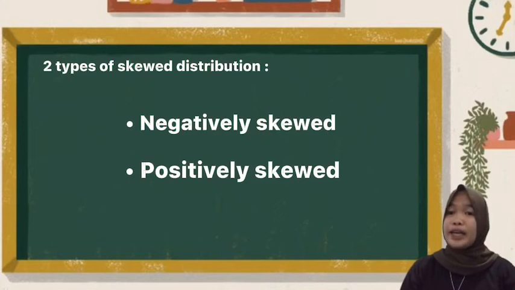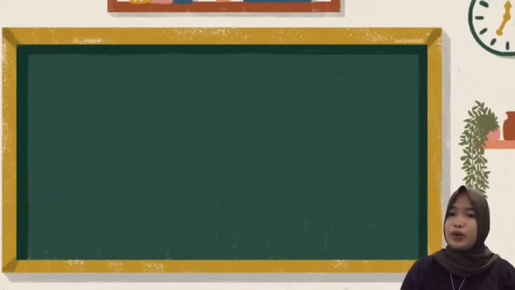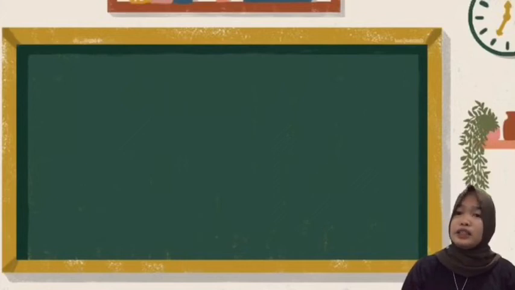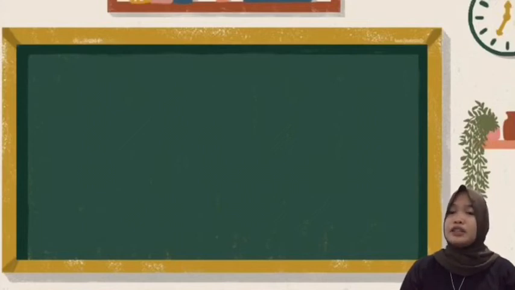Now, how can we determine if the curve is negatively skewed or positively skewed? So, our reference will always be the tail. Wherever the tail is, that's how we call the curve. Now, for skewness, the base is the tail, not the kurtosis.